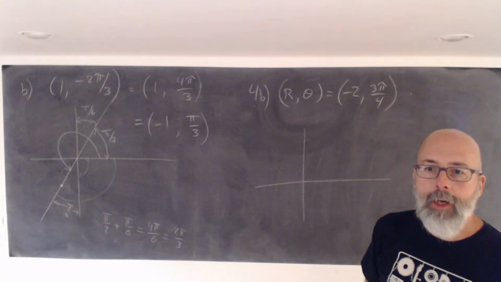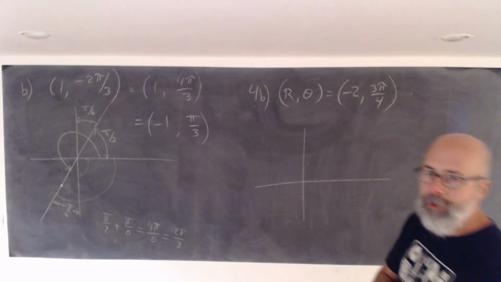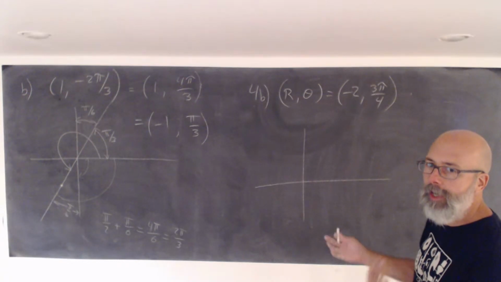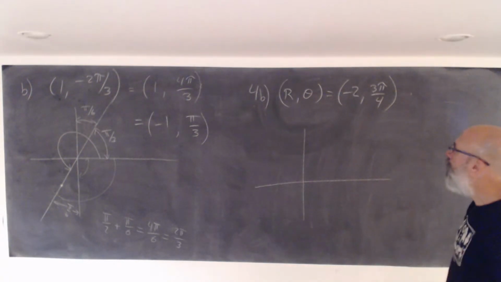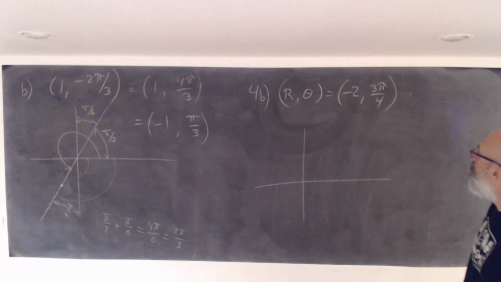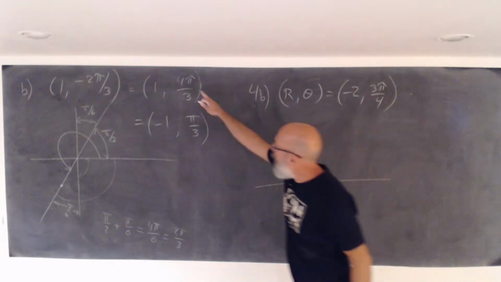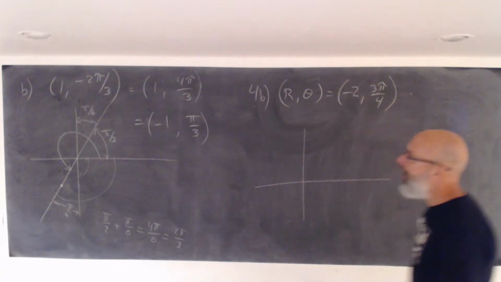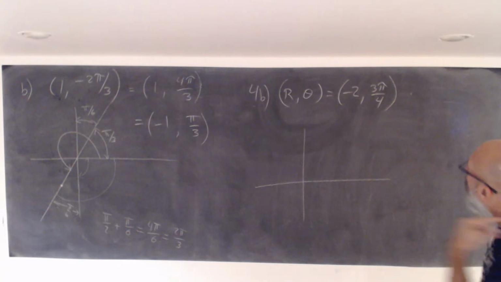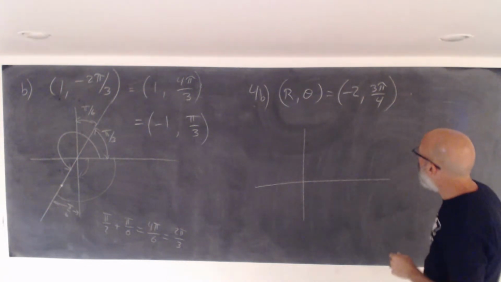Thomas is suggesting, can we just subtract or add pi to the initial angle and take the opposite? There are several things you can do, but here we're not asking the same question as before. We're not asking for different values which give you the same point. Rather, they're asking us to graph this.